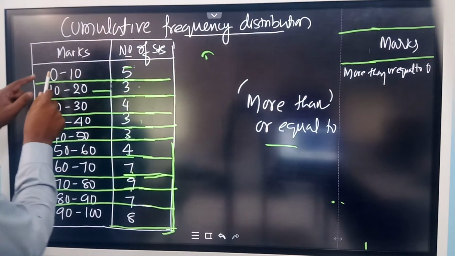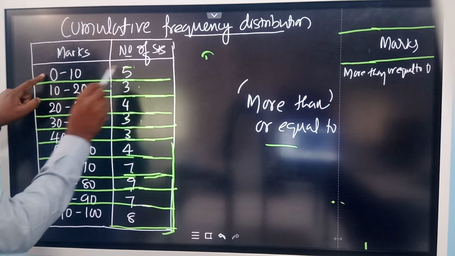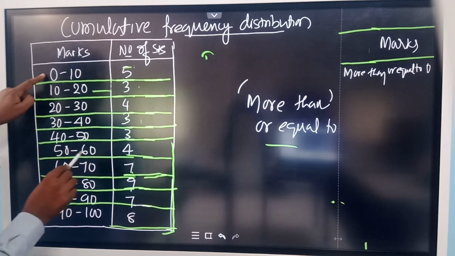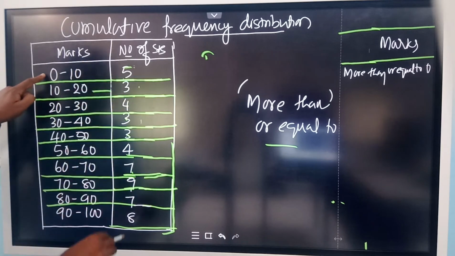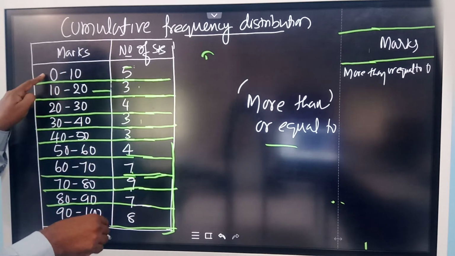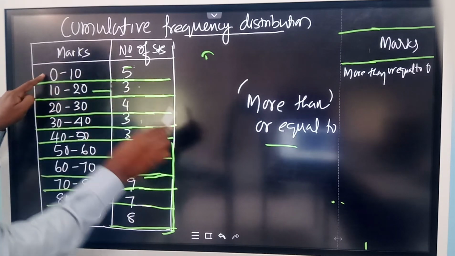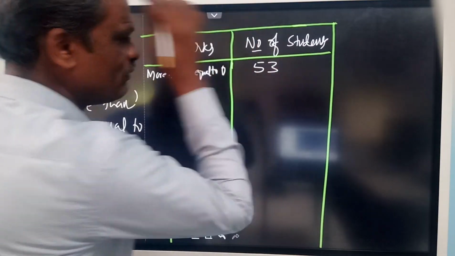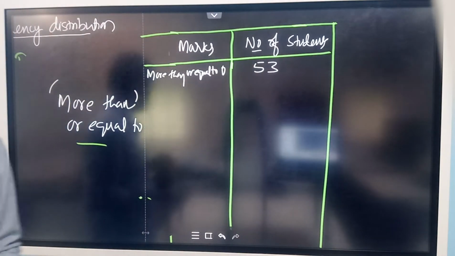More than or equal to 0 means, see, this is above 0 only: 0 to 10, 10 to 20, 20 to 30, 30 to 40, 40 to 50. More than 0 means everything which is here comes here. As you know already, the sum of this one is equal to 53. More than 0 means whatever the observations we are having, all will come under more than or equal to 0. Even 0 also. So therefore it will be total 53 only. First one itself is 53.